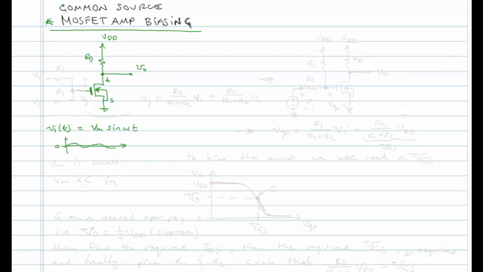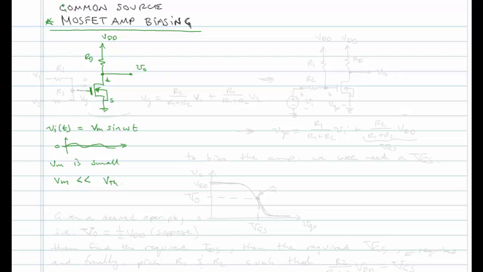Let's say Vm is small, and in fact we're going to assume that it's much, much less than the threshold voltage of the MOSFET. So we need to provide the bias voltage from some other source.